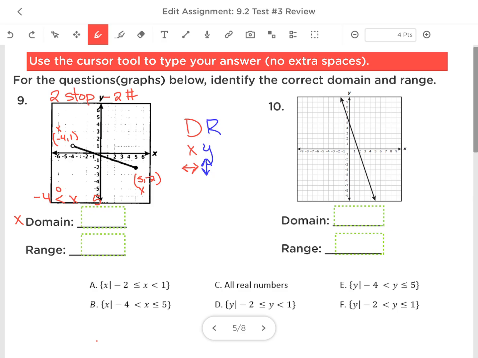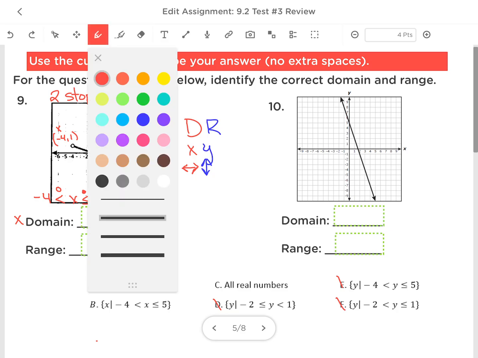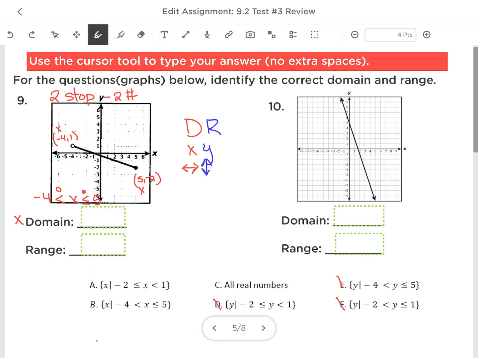So that has no line, but the closed circle gets a line underneath. So we want to find that answer down below. So negative 4 to 5, and it has to have x. Because E and F and D all have y, we don't want that for our domain. So we want negative 4 to 5. Looks like it's answer choice B. So I'm going to type in B right there.